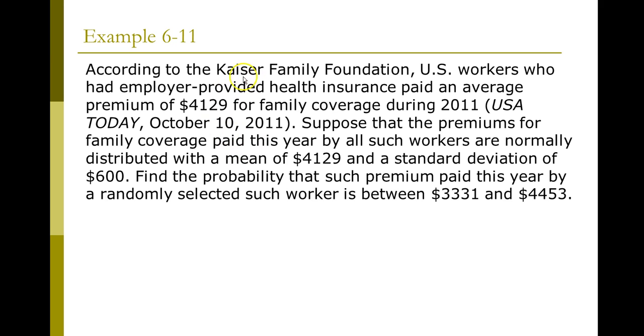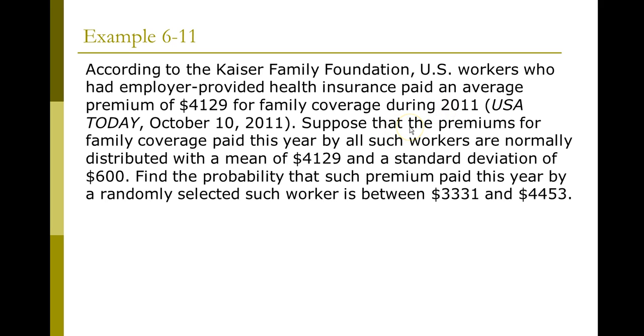According to the Kaiser Family Foundation, United States workers had employer-provided health insurance. Some employers give health insurance and some don't. The U.S. workers paid an average premium, the amount they paid per year for family coverage during 2011.